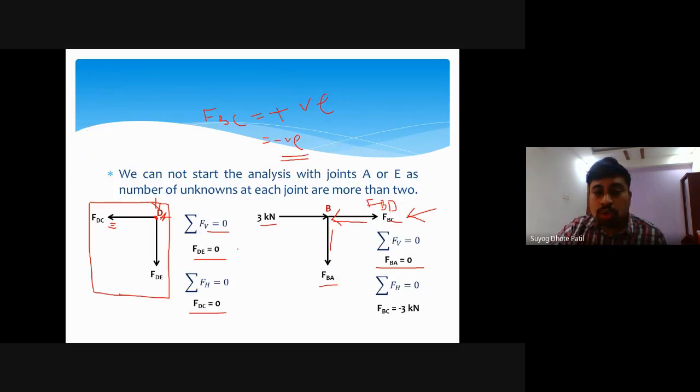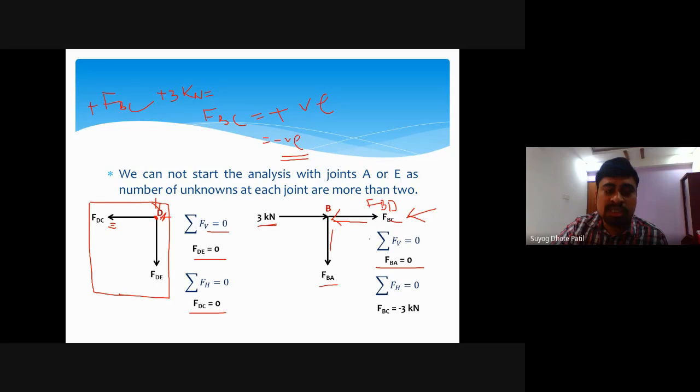Then for horizontal forces, the sum of all forces in the horizontal direction equals 0. The assumed direction of FBC is towards the right, and we have already considered rightward movement as positive, so positive FBC. The 3 kilonewton force is also moving towards the right, so positive 3 kilonewton.